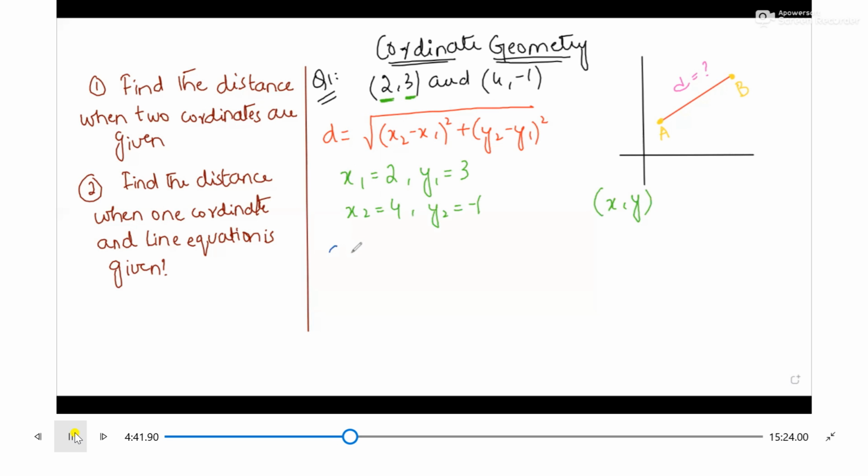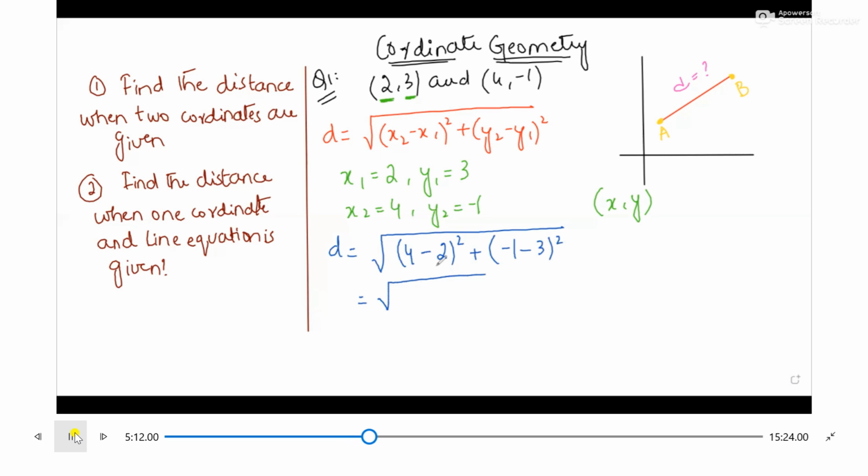After finalizing the values of x1, y1, x2, y2, you have to substitute these values in the given formula, which is (x2 minus x1) whole square plus (y2 minus y1) whole square. The value of x2 which is given to you is 4, minus the value of x1, which is 2, whole square, plus the value of y2, which is minus 1, minus the value of y1, which is 3, whole square.